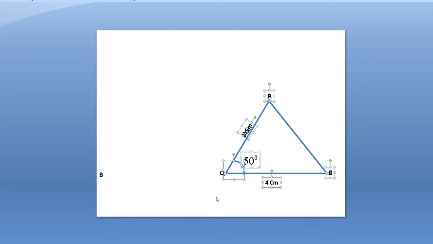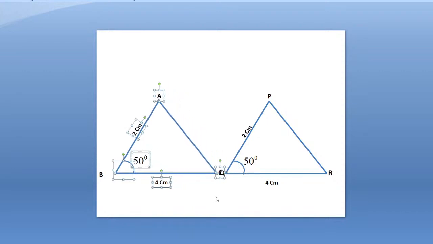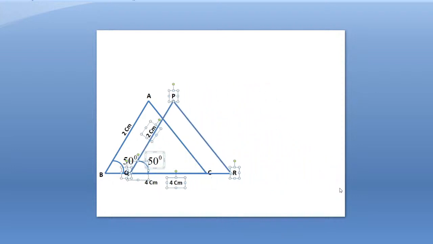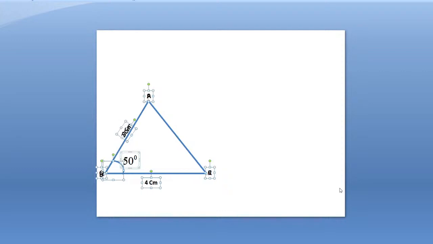Completely cover one triangle to another. Or you can move this triangle also. So this is an interesting one.